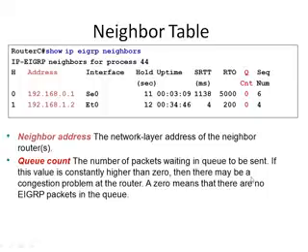If the value is constantly higher than 0, it means there is congestion or a problem at the router. 0 means there is no EIGRP packet in the queue.